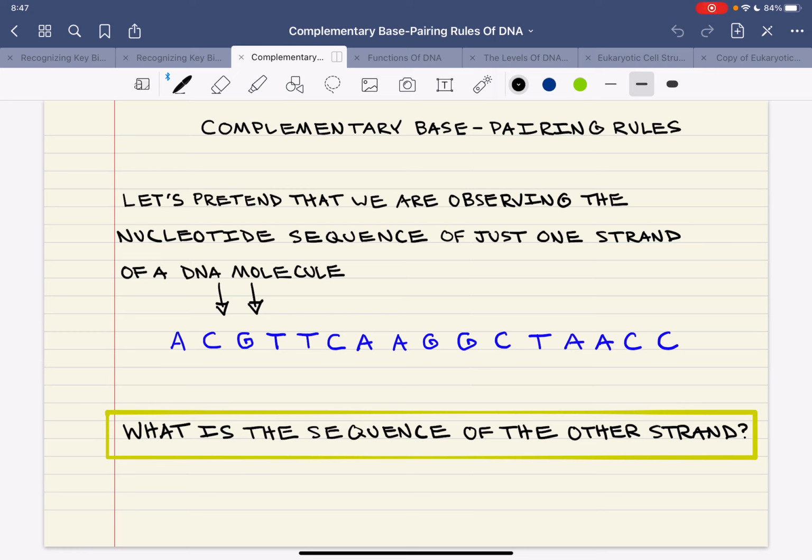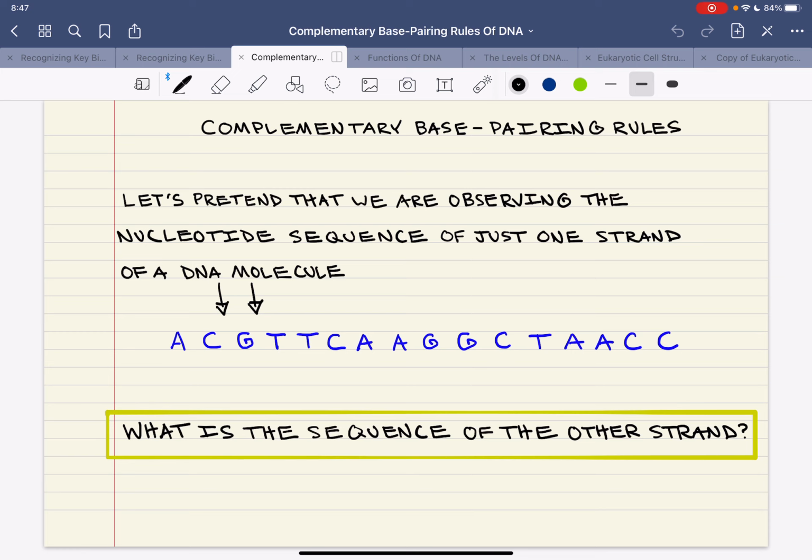I'm giving you that sequence here in blue. We're saying the sequence is A, C, G, T, T, and so on. Using what you're given here, what is the nucleotide sequence of the corresponding strand? To answer this question, you need to know your base pairing rules. So you must know that A pairs with T and C pairs with G.